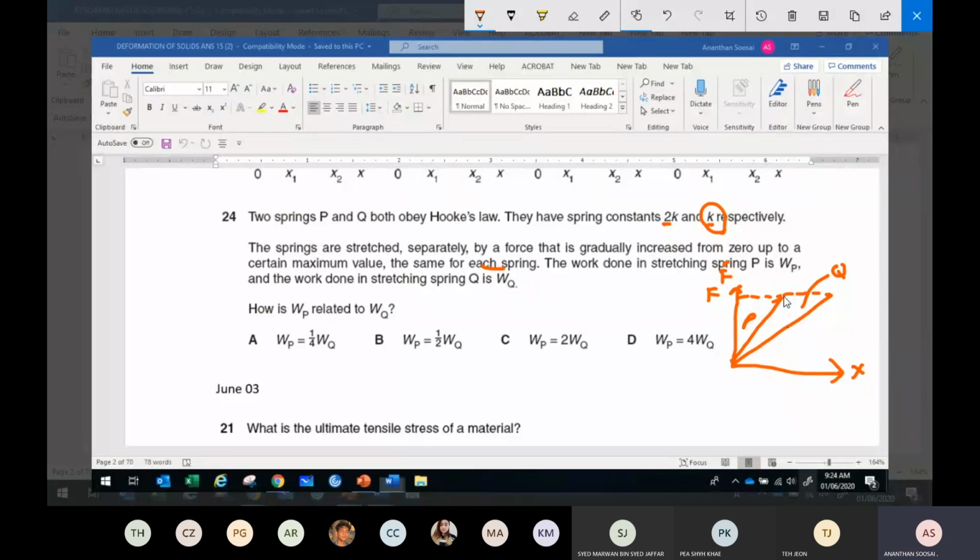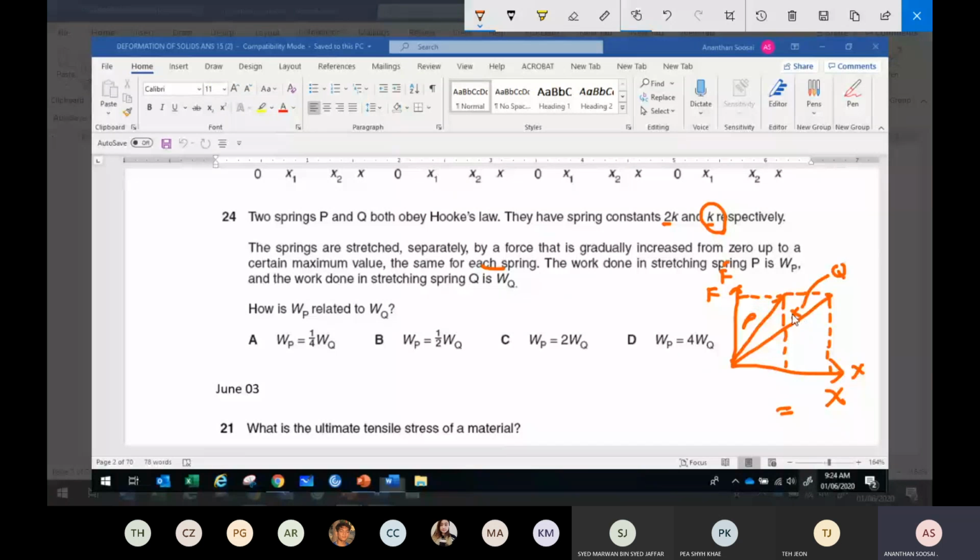Let's say for Q, the extension is X. For P, how many X should the extension be? Because F over X we take as K, the spring constant.